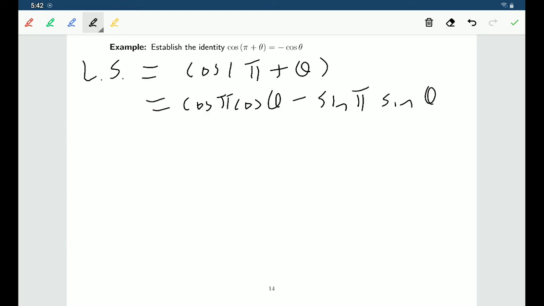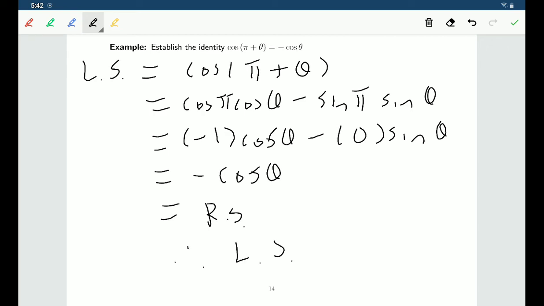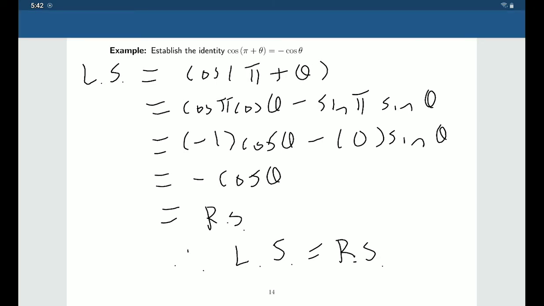Now I can do a little bit of evaluating. I know what cosine of pi is. That's -1. And I know what sine of pi is. That's 0. And then to simplify, 0 times sine of theta is gone. So I'm left with just negative cosine of theta, which is the right side of my equation. So therefore, the left side is equal to the right side, and I've established that identity.